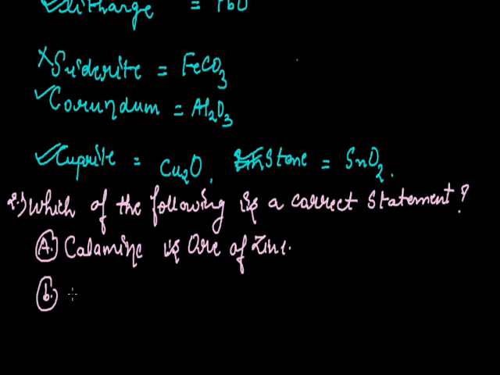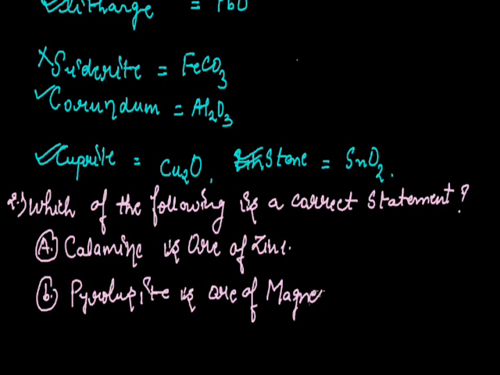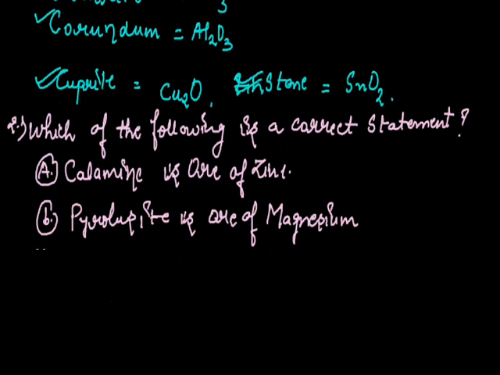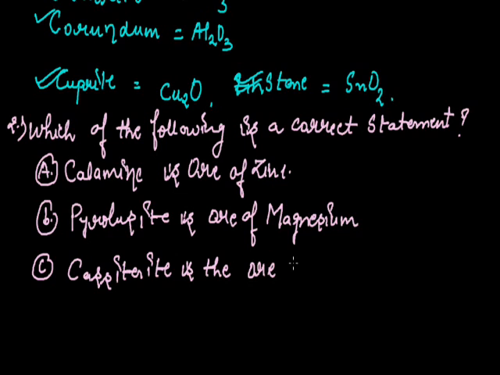Option B, pyrolusite is an ore of magnesium. Option C, cassiterite is an ore of tin. And D is calcite is an ore of calcium.